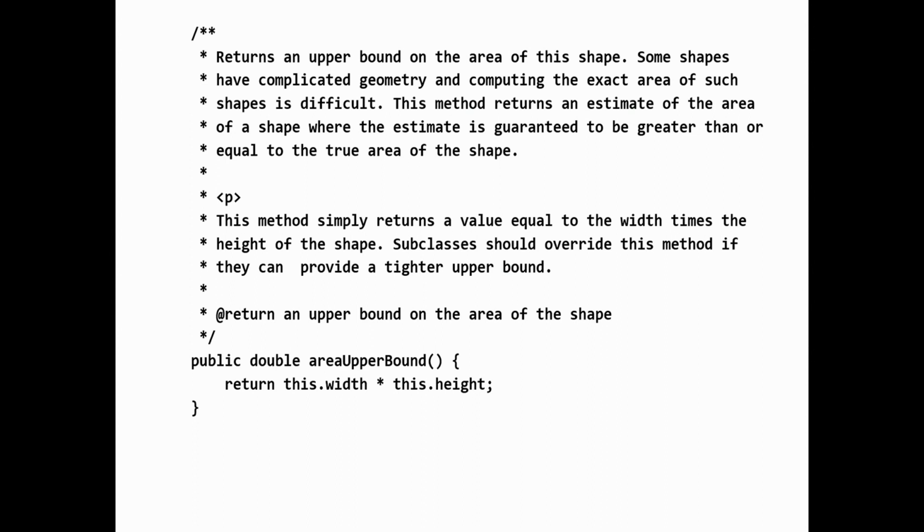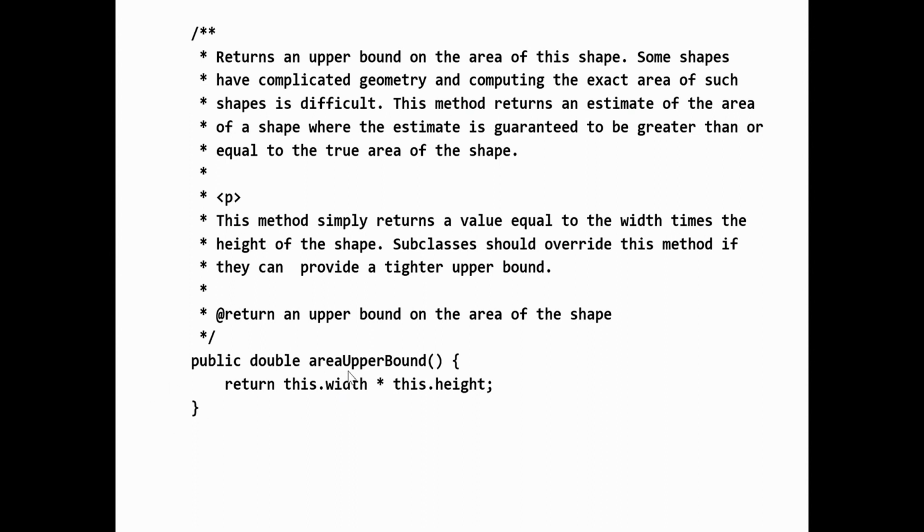And then you have some shape, the actual shape, let's say it's a triangle. Looks like that. So the actual area of the triangle is smaller than the area of the rectangle that encloses it.